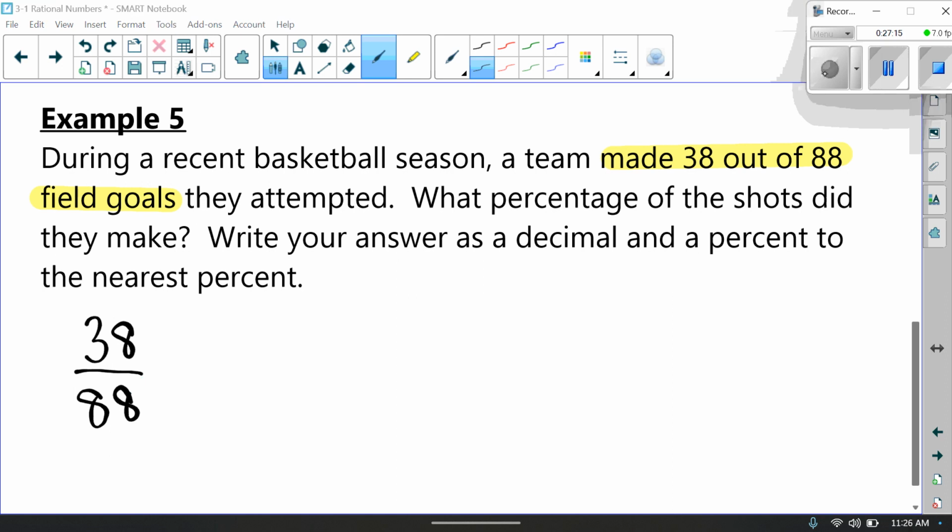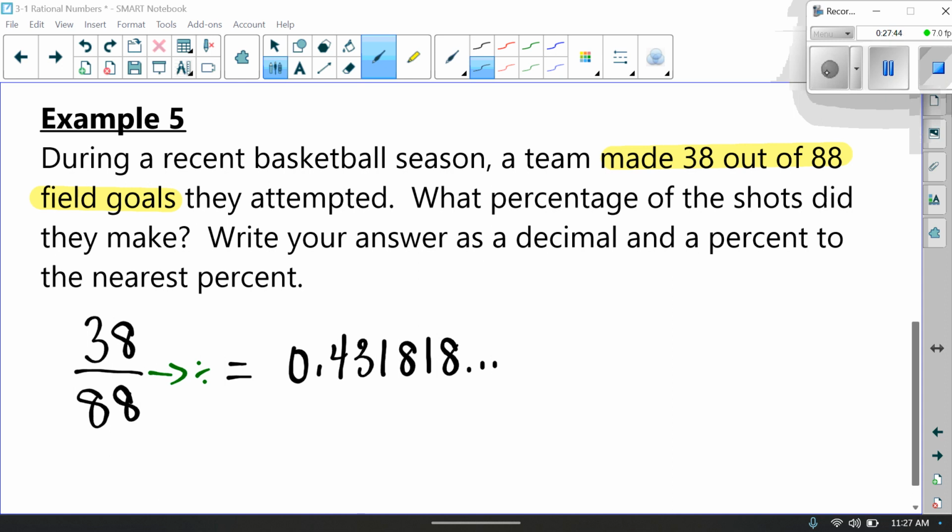How do I change that to a decimal? We're going to divide, because remember, that fraction bar means divide. So in your calculator, what are you going to type? 38 divided by 88. Go ahead and do it. All right, so that's what we got in our calculator.